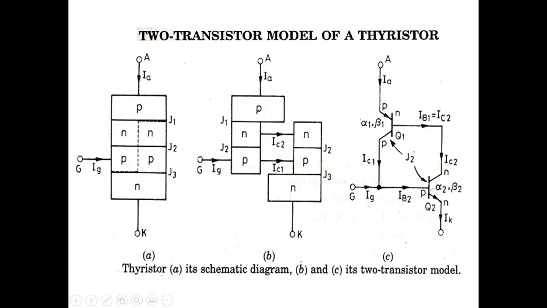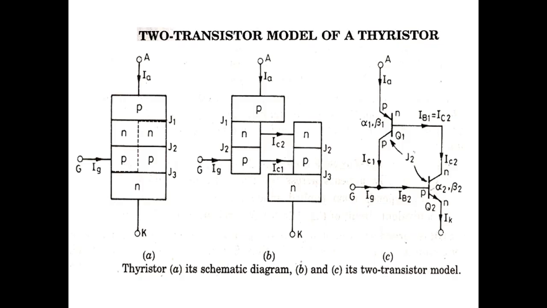Transistor Q2 will be turned on, which in turn gives IC2. By means of beta we can write IC2 is equal to beta times IB2. That IC2 is applied as base current to transistor Q1, that is IC2 is equal to IB1, so transistor Q1 will also be turned on.